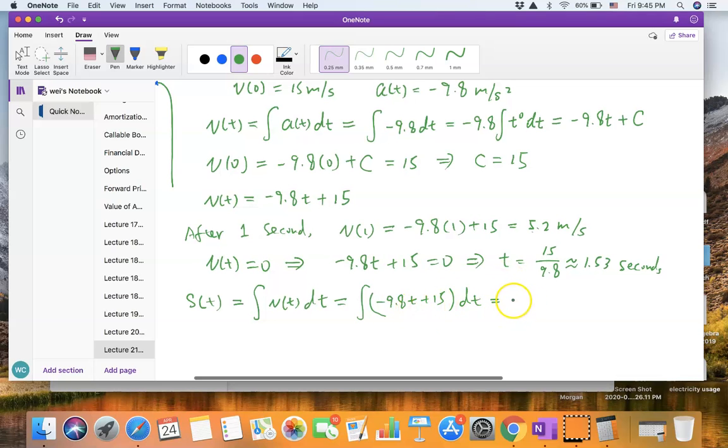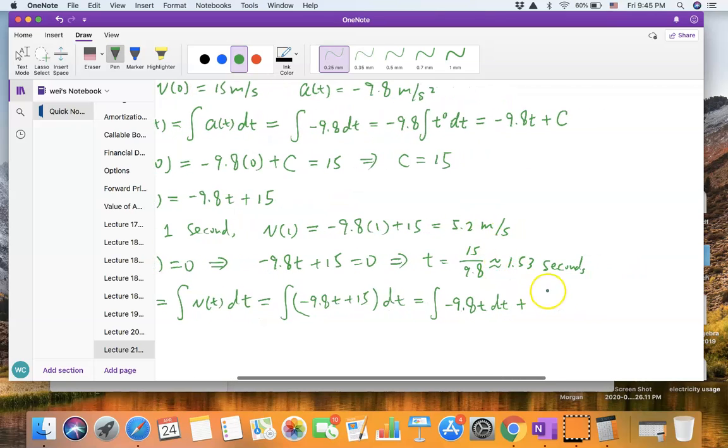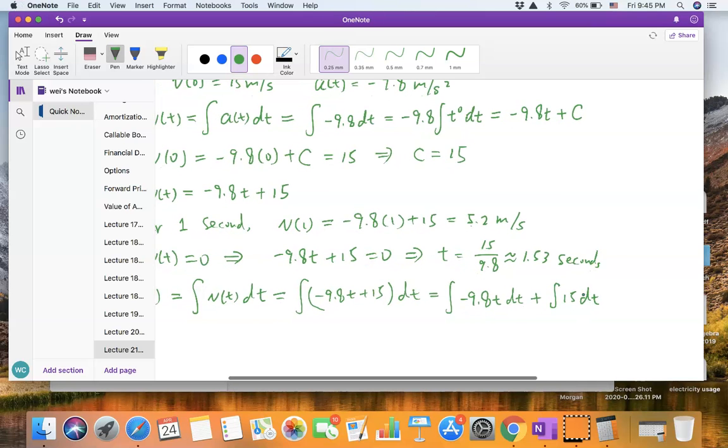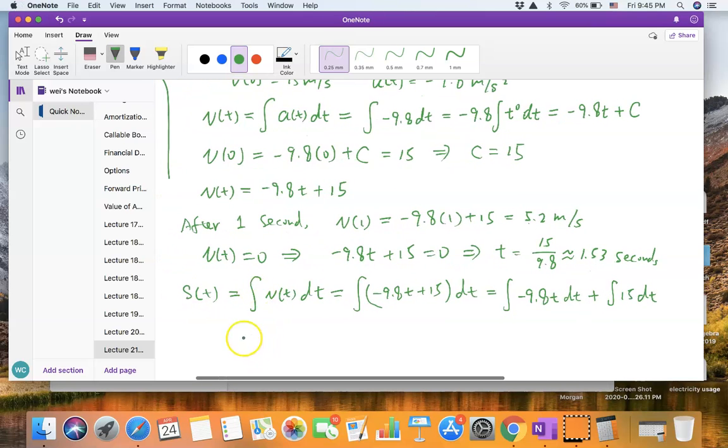So then this will be the integral of negative 9.8t dt plus the integral of 15 dt. And then we write this constant outside the integral, and we write this constant 15 outside the integral.